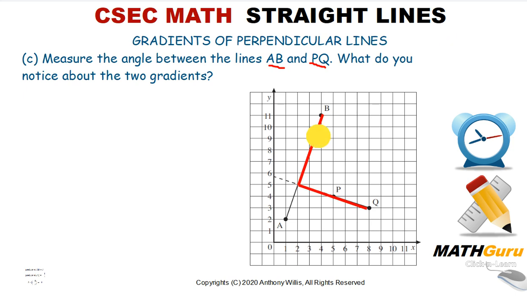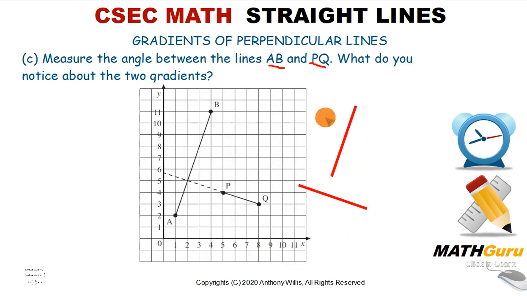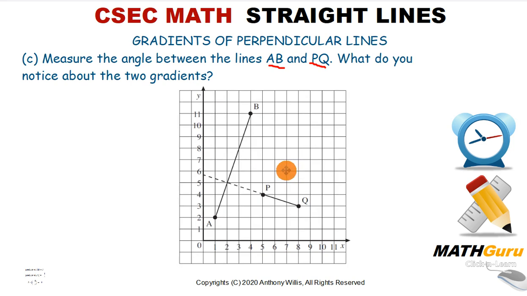What that means, therefore, is that the gradient of AB is equal to 3, and the gradient of PQ will be minus 1 over 3. And the gradients, when you multiply them, would give minus 1.